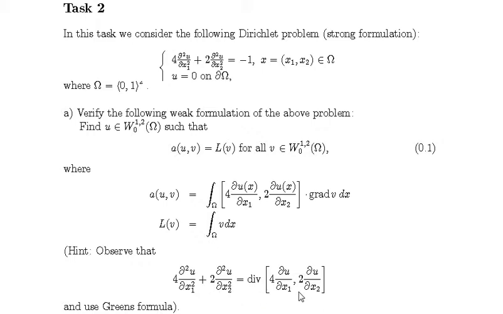This hint is not always present in exam tasks, so you should be able to replace the second derivative terms on the left side here with some divergence of a vector. This is very essential for using the Green's formula in the task.